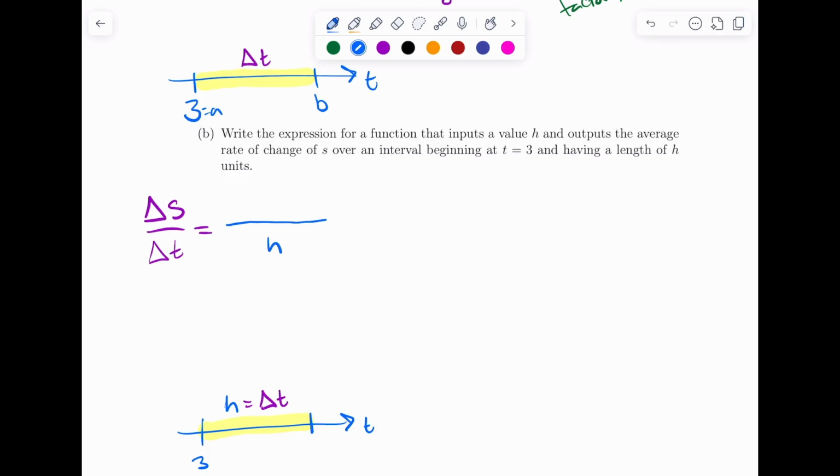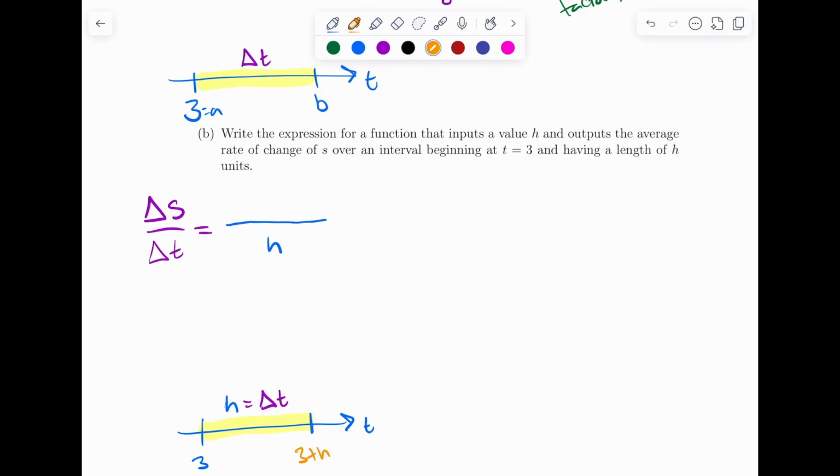But what about the change in s? We know that s value, when we plug in t equals 3, is s of 3, which we found above to be 5. But what do we plug in here to get that value? Well, we're on a number line. We're starting at 3, and we're moving ahead h units. So what we get there is 3 plus h.